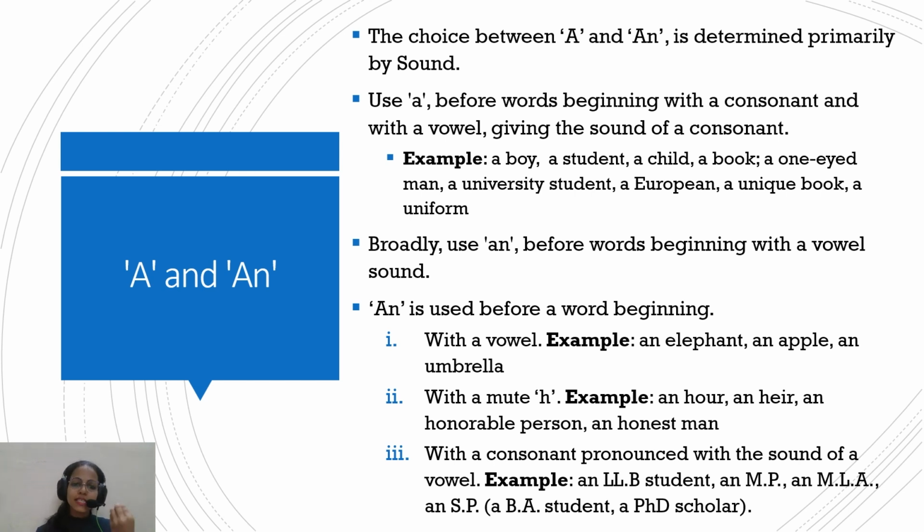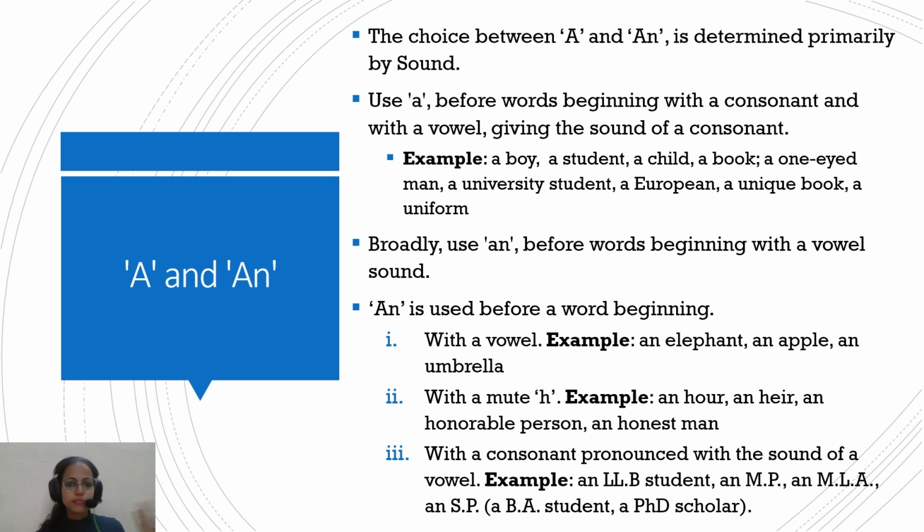So a is used before consonant sounding words, and an is used before vowel sounding words. You know the five vowels a, e, i, o, u. Before these letters or before words that sound like these, we use an as an article. So let's see some examples.